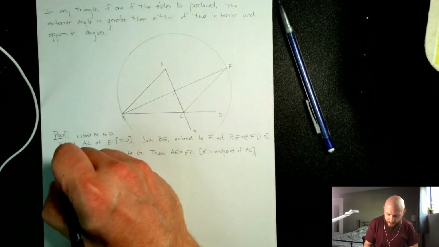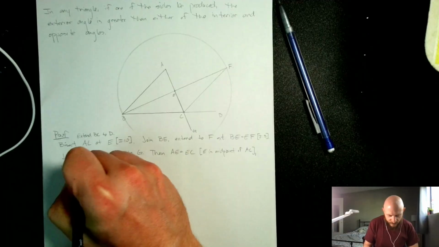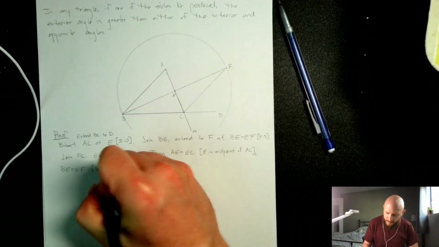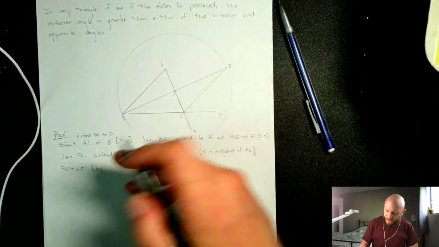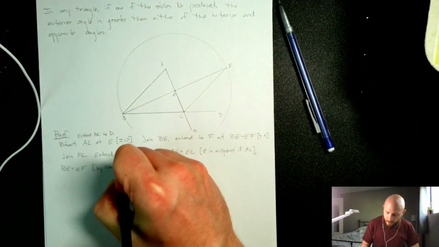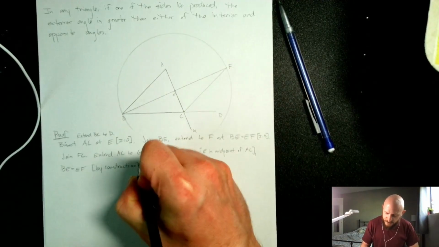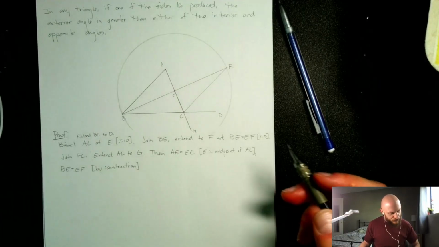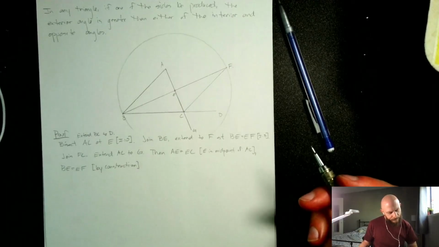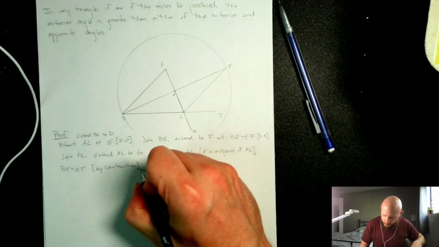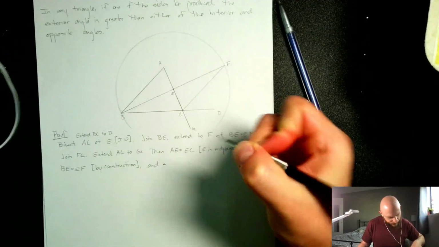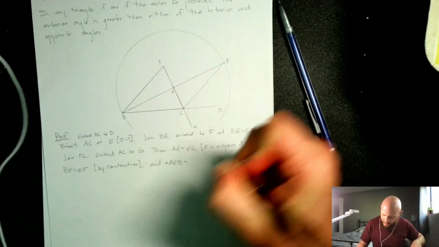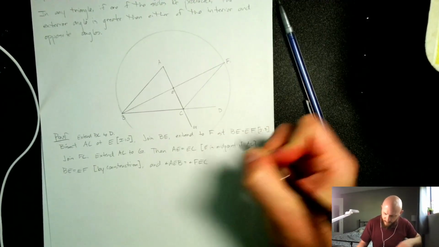What's next? BE is equal to EF. Why is that true? Again, that was just by construction. For me, they're both radii of the same circle, but as far as the justification goes, we used proposition 3 to construct it that way. So BE is equal to EF. And then the very last thing of this step, angle AEB equals angle FEC.